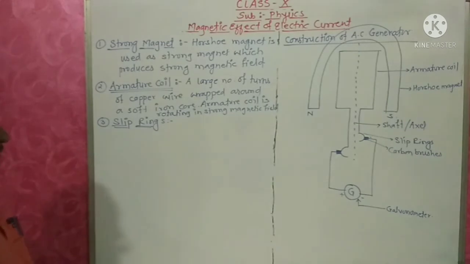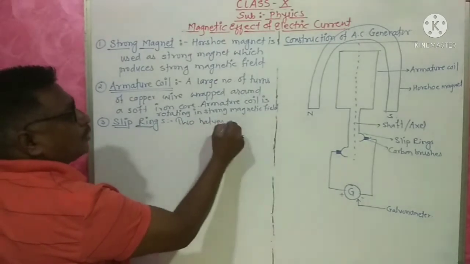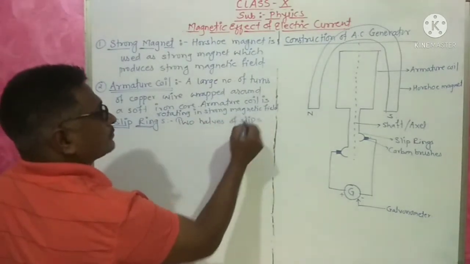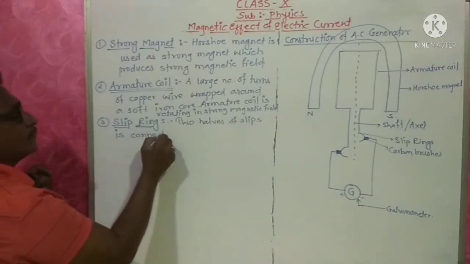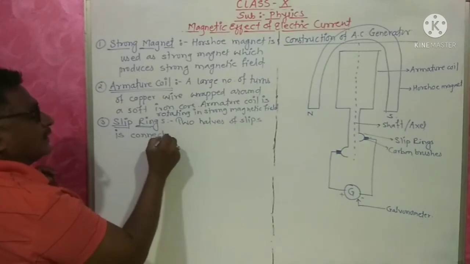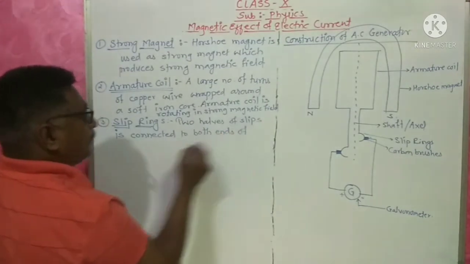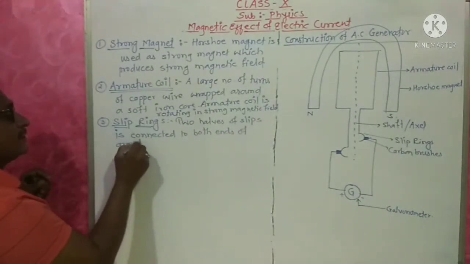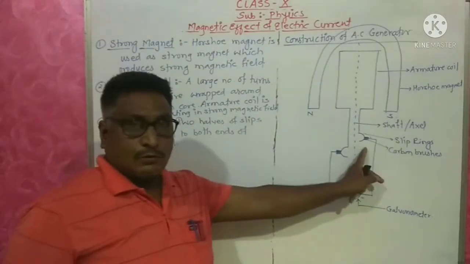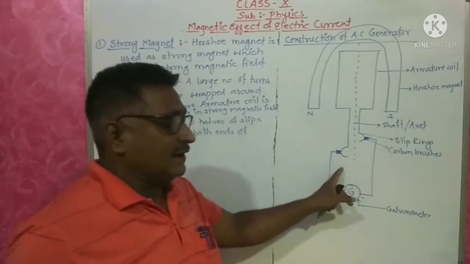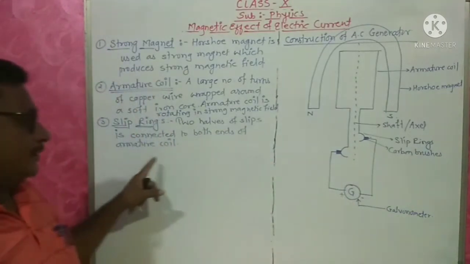Then slip rings: two halves of slip rings are connected to both ends of the armature coil.